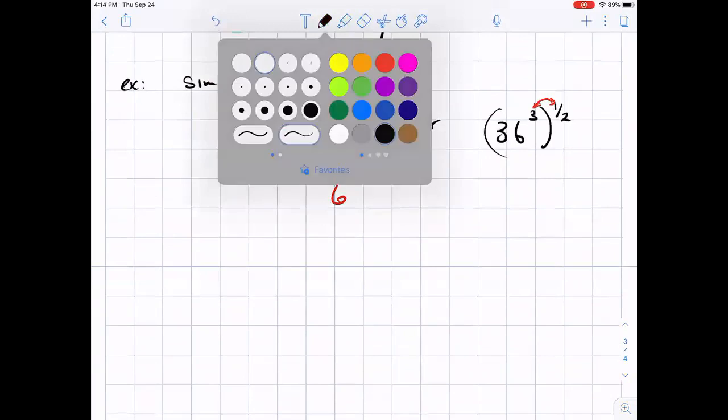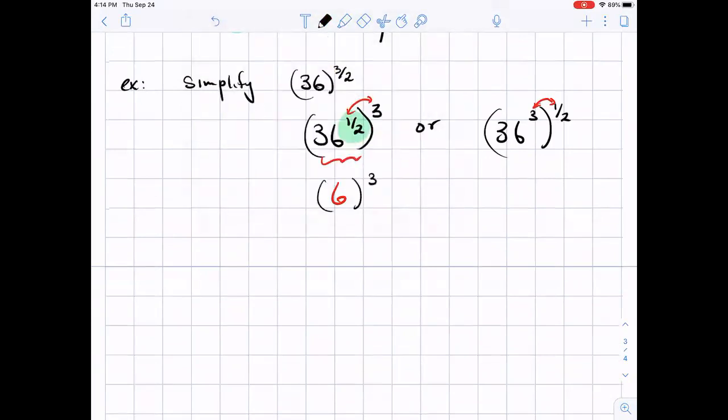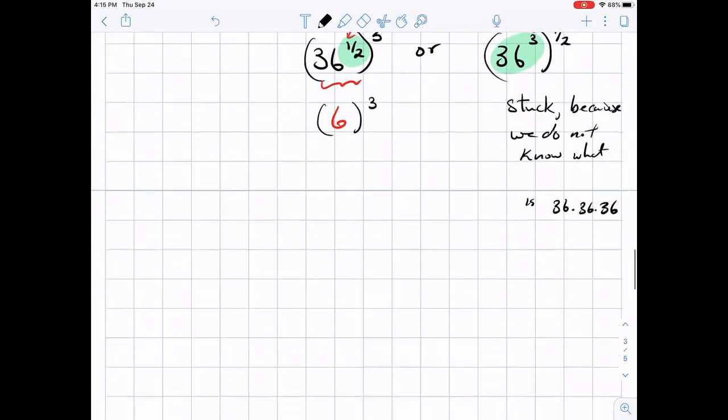And then if we raise 6 to the 3rd power, okay, whereas in this other case, automatically you're going to have to get a calculator. You're basically stuck, because we do not know what 36 times 36 times 36 is. We need a calculator.